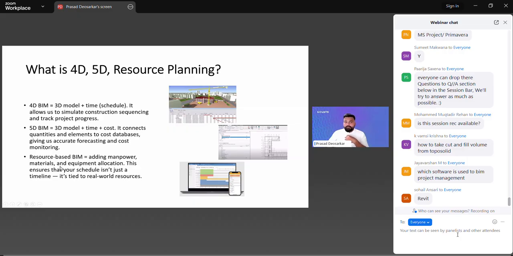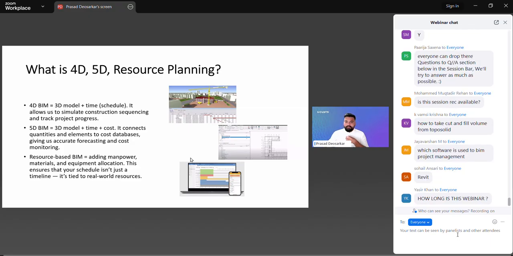Now, what do we call resource based planning or resource based BIM? We could add manpower, materials, and equipment allocation. We can do this to particular BIM elements. This ensures that your schedule isn't just timeline; it is tied to real world resources. So we can actually tag the number of people, the number of machinery, the number of cameras, all of it to physical elements, the BIM elements.